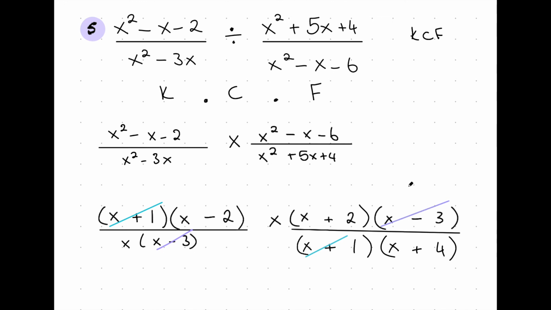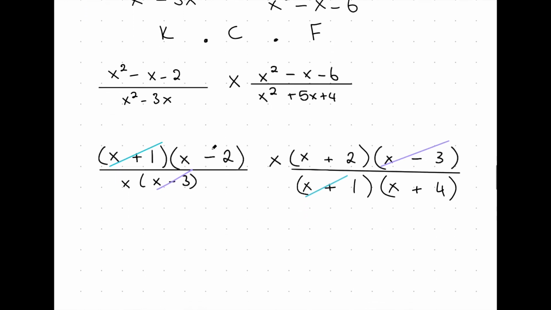And what we're left with then from here is x minus 2 by x plus 2. And on the bottom, we're left with x into x plus 4. You can multiply it out if you wish, but that is it fully factorized and simplified.